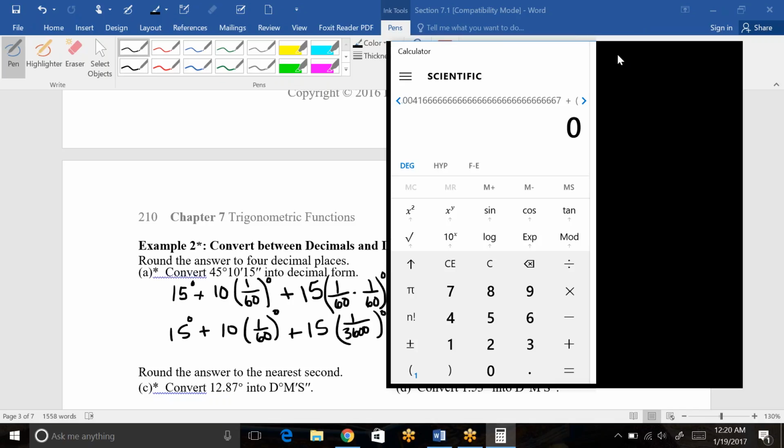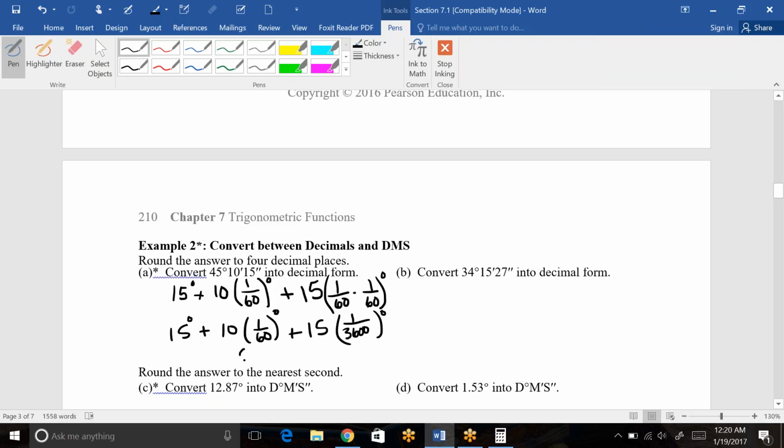Plus, I'm going to use a parentheses, 10 divided by 60, plus the 45 degrees. So if we round this to 4 decimal places, it would be 45.1708. And when you round, you use an approximate symbol.